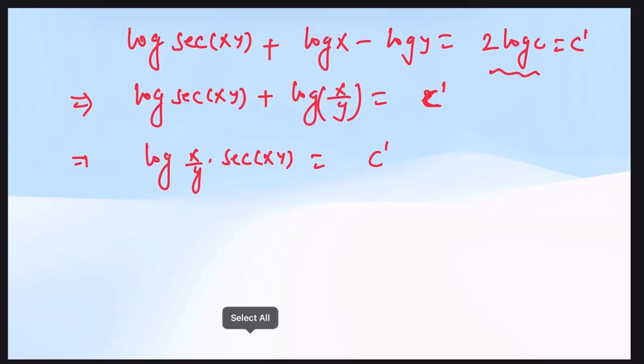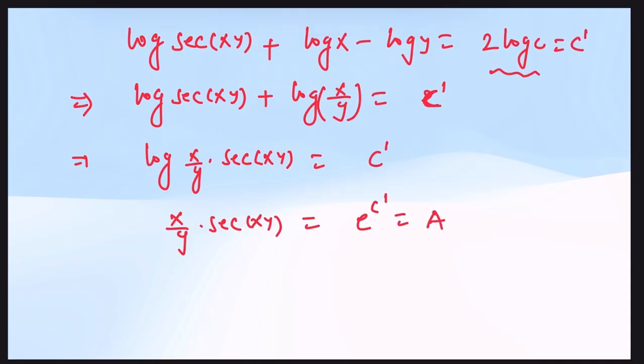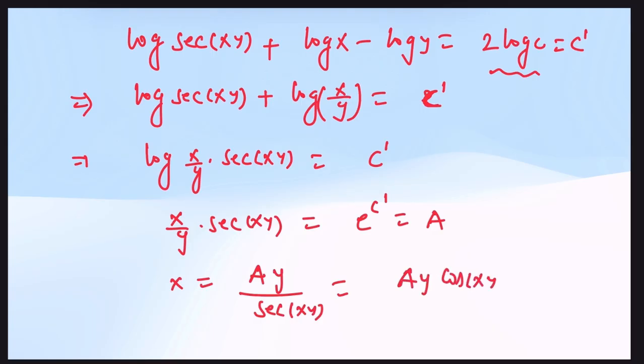So we can also write xy into sec xy equal to e to the power c dash. This is also another constant, so we can write x into y upon sec xy, that is y cos xy. So this is the general solution of the given differential equation of the first order.